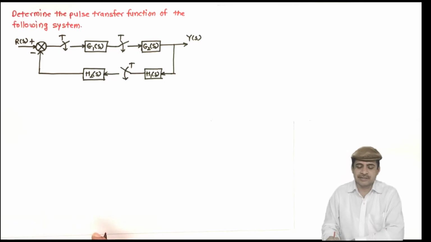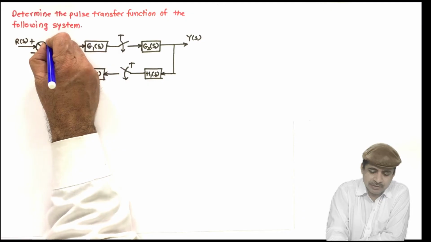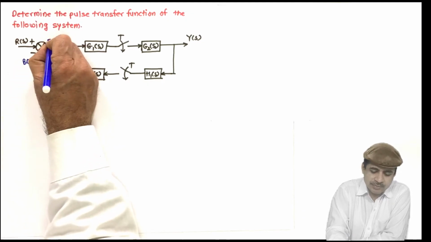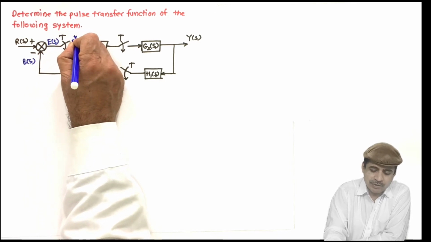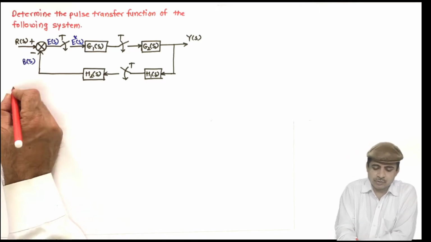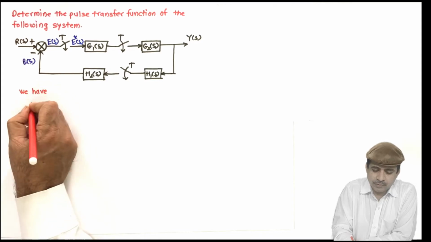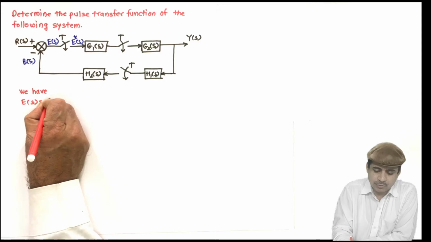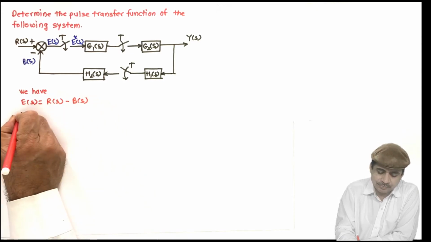Let us solve it classically. Let us first mark the auxiliary variables. Let this be B(s). Let this be E(s). So if this is E(s), after the sampler this will become E*(s). And now let us start solving. We have E(s) equal to R(s) minus B(s).